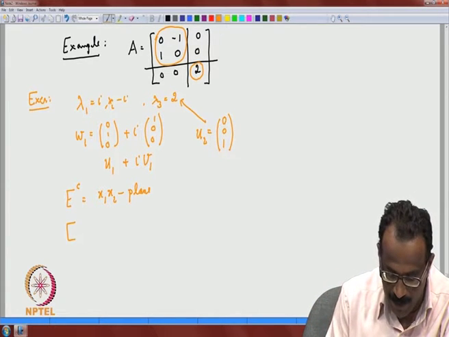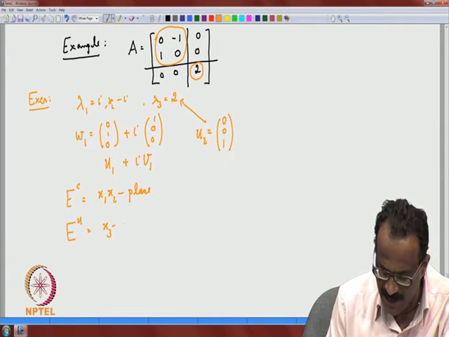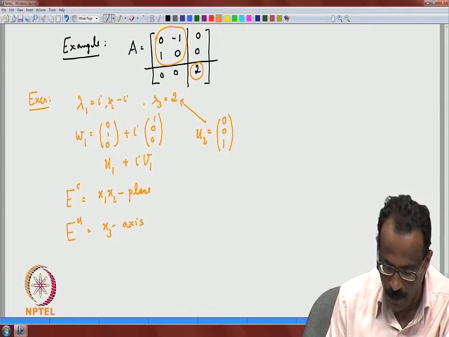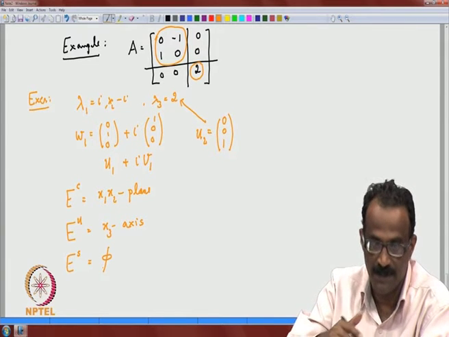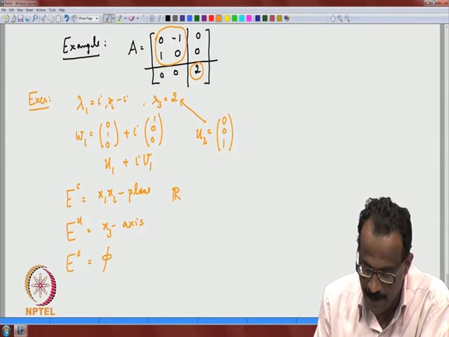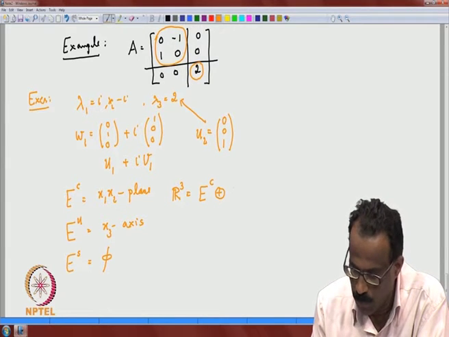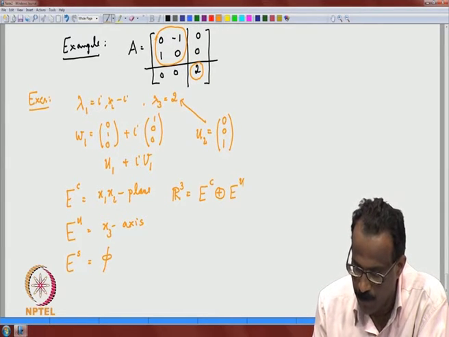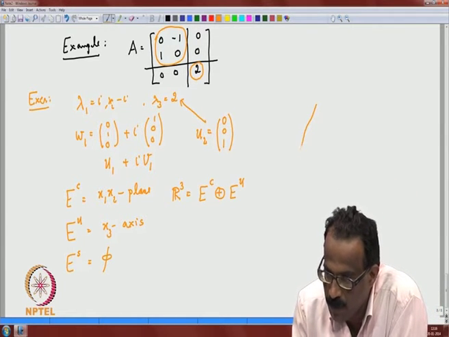Your unstable part is the x3 axis. There is nothing like stable here, Es is empty. So, you complete the x1 x2 plane and decompose your R3 as Ec direct sum Eu.